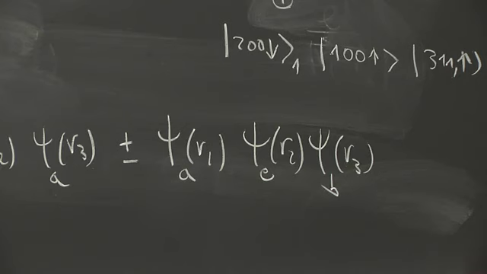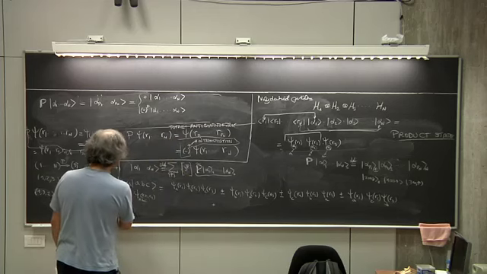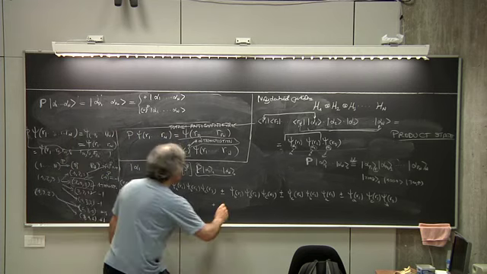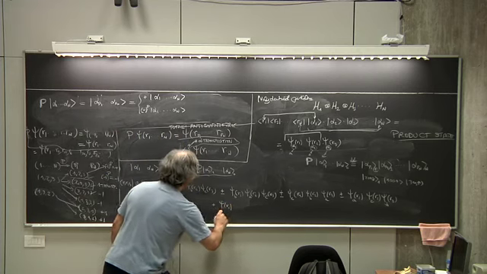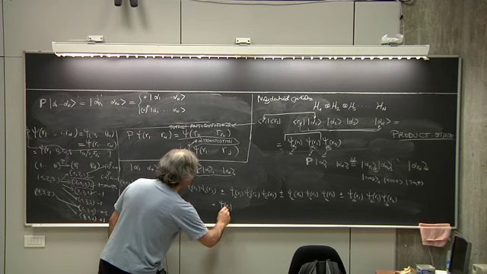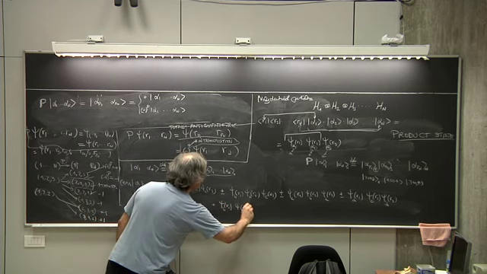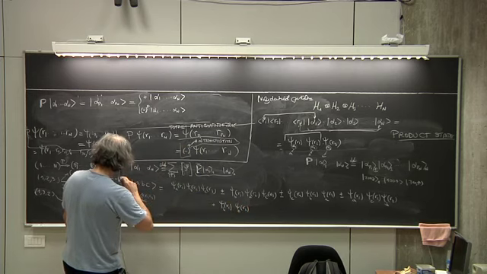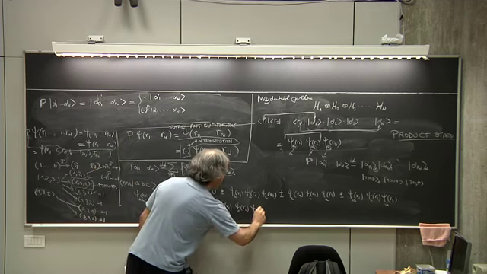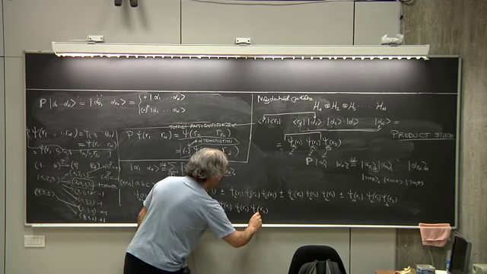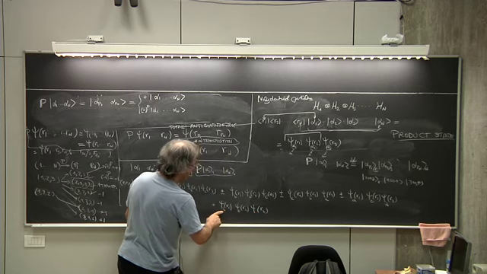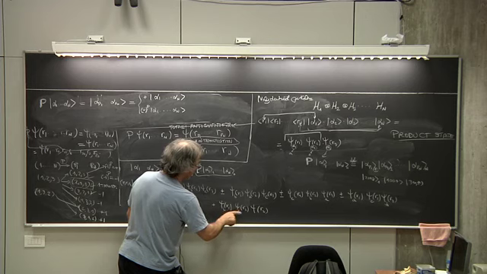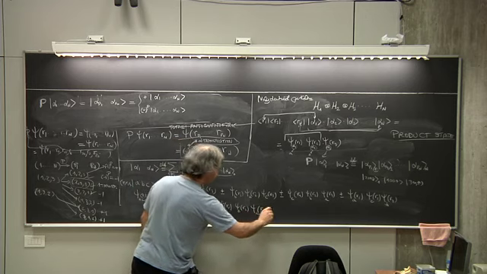And now I have the cyclic and the anticyclic permutation. So let me maybe write it downstairs here. They both have a plus. So the 1 gets the 2, so B. The 2 gets the 3, so C. And the 3 gets the 1, so A. And the other is the opposite.